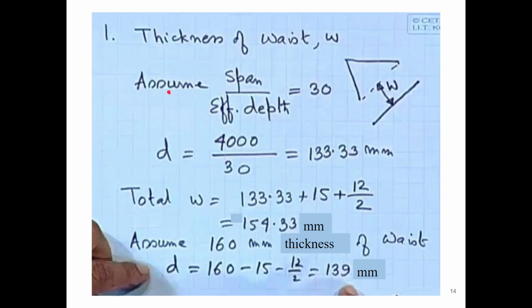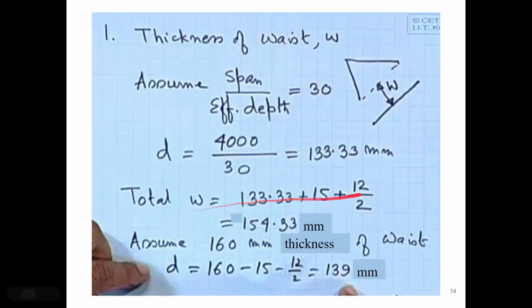Okay, so considering the L by d value is 30, we get the d value to be 4000 by 30. The span is basically 4 meters, and it is 30, so effective depth, small d, will be span by 30, right? So 4000 by 30, which is 133.33 millimeters. That is small d, the effective depth.